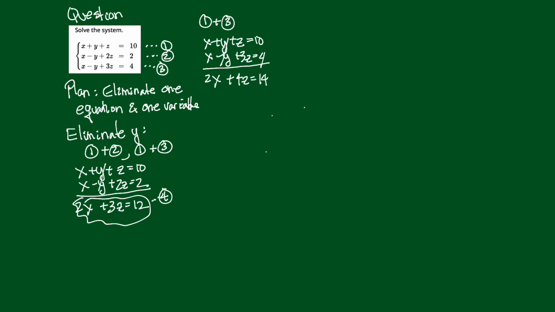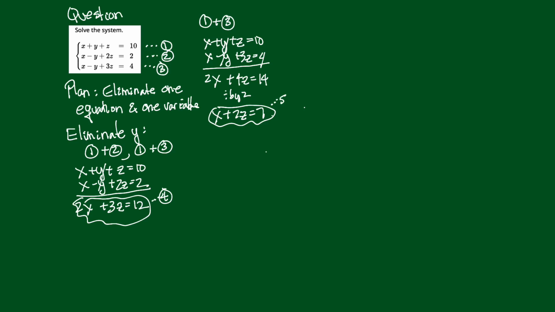Because each one of these coefficients is even, I can reduce this equation just by dividing everything by 2. If I divide by 2, this becomes x plus 2z, I'm sorry, not 2y, that's 2z, equal to 7. So that's a new equation. I'm going to call that equation 5.